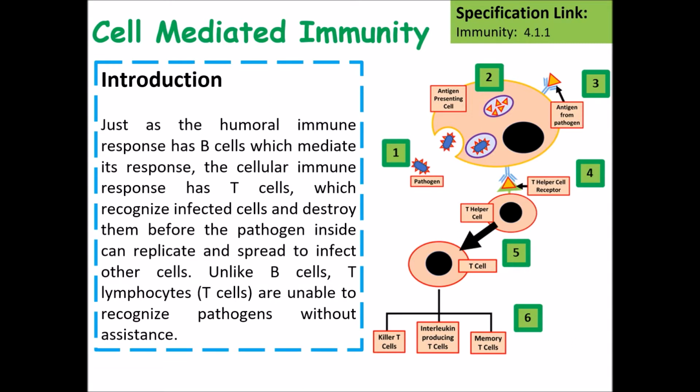Just as with the humoral immune response, it still involves cells, but it does not involve B cells, it involves T cells instead. These recognize infected cells and destroy them before the pathogen inside can begin to replicate and spread to other cells. This is particularly important when dealing with viruses.